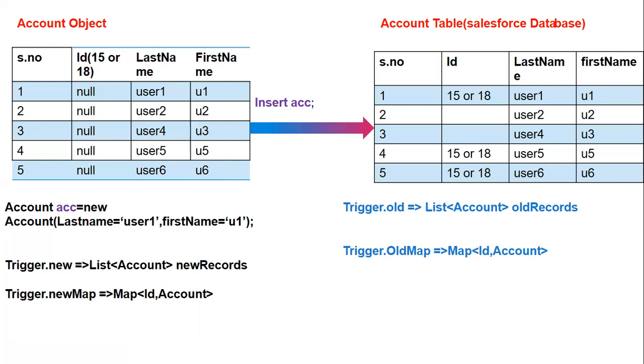So this time we have an ID. Previously, when we created the account, the ID value was null. After we perform some insertion, some DML operation, we have an ID. So I am proving that.